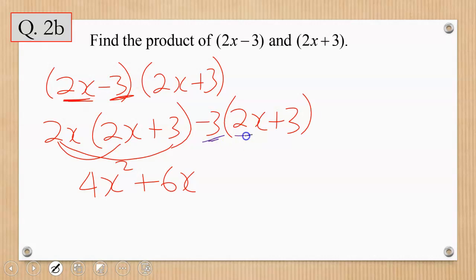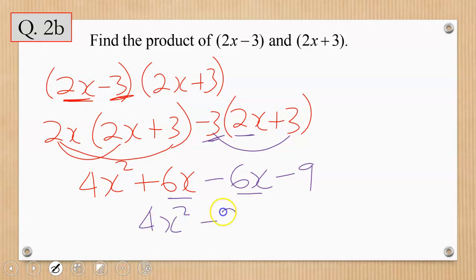Then this 3 will multiply this to give us negative 6x, and the 3 again multiplies that to give us negative 9. You can see here that 6x minus 6x are like terms, so we can subtract that, and that will give us 0. And so we have 4x squared minus 9. Since the question wants us to find the product of the two algebraic expressions, the answer is 4x squared minus 9.